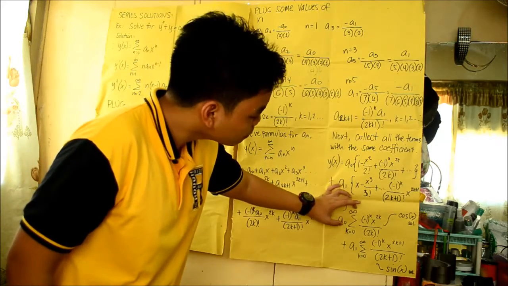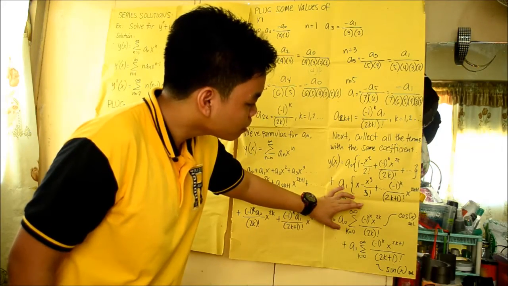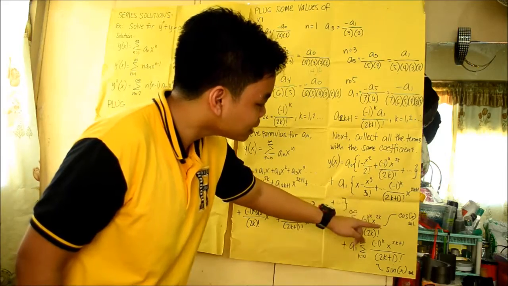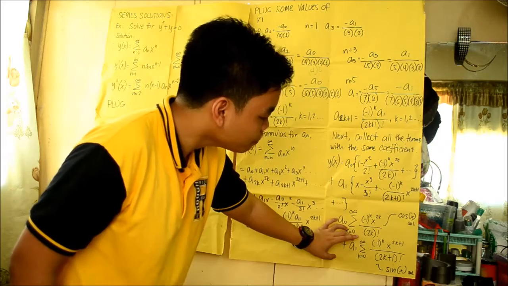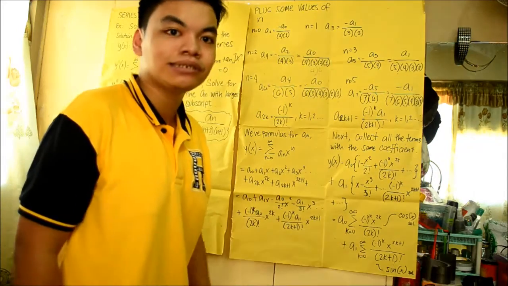For this portion of the equation, we can conclude that this is cosine x. Then for this portion, this is sine of x.